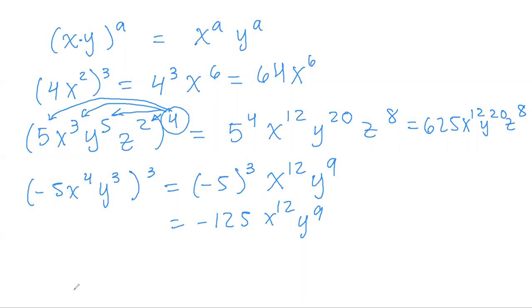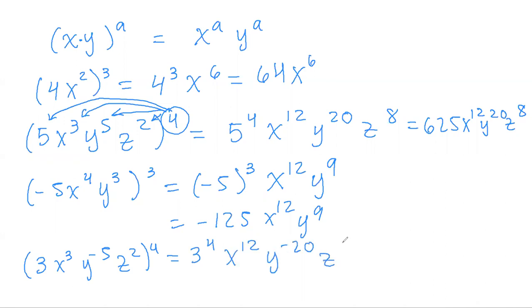Okay, so let's try some other examples. Perhaps we can try with more variables. So (3x to the third, y to the negative 5, z squared) to the fourth power. Distribute that to each variable or coefficient. So 3 to the fourth, x to the 12th, y to the negative 20th, and z to the 8th.